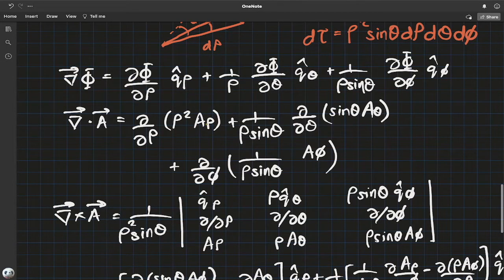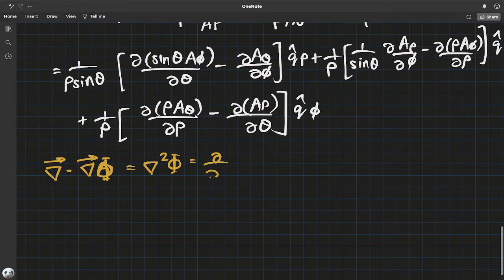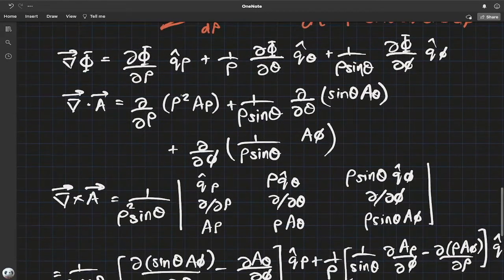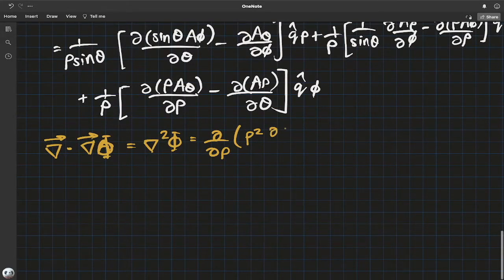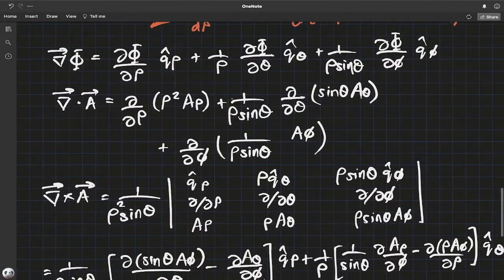Instead of say A sub rho, substitute this guy, the first component, the rho component. So partial with respect to rho of rho squared times partial phi with respect to rho. Okay, plus, since it's the divergence, we don't really care about those vector terms.